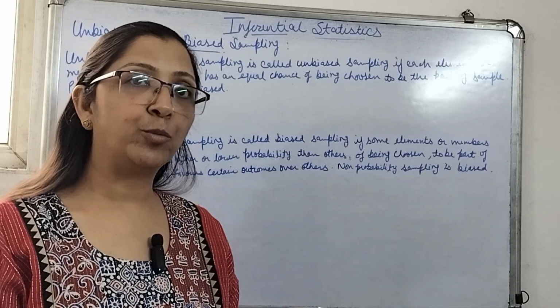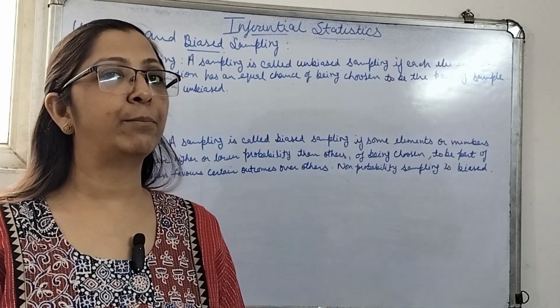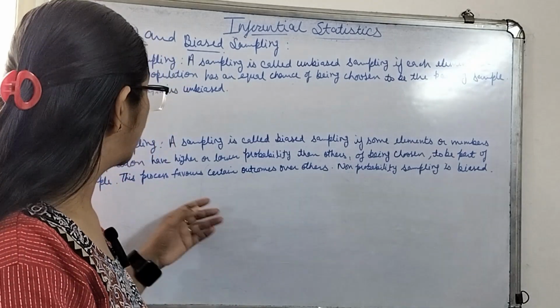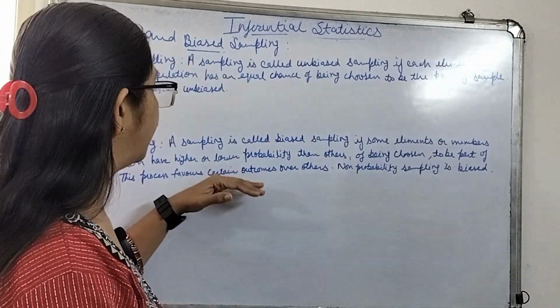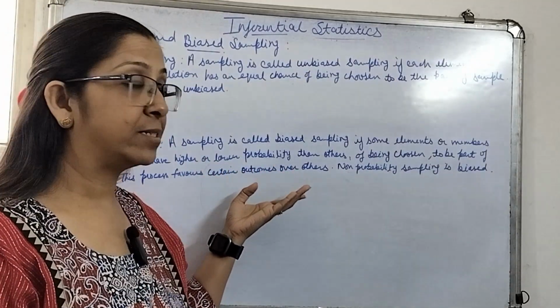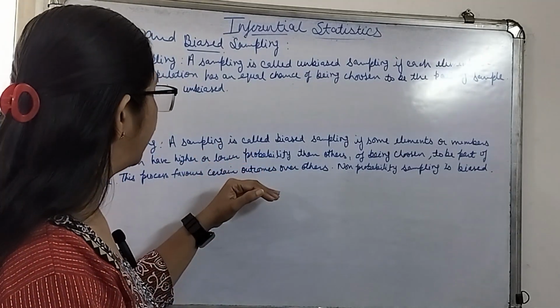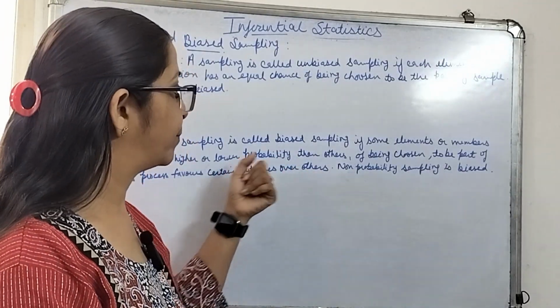Some have more priority and some have less priority to be chosen as a member of your sample. So this process favors certain outcomes over others. That means some outcomes are more favorable, having more chances of selection, and some have fewer chances to be part of your sample.